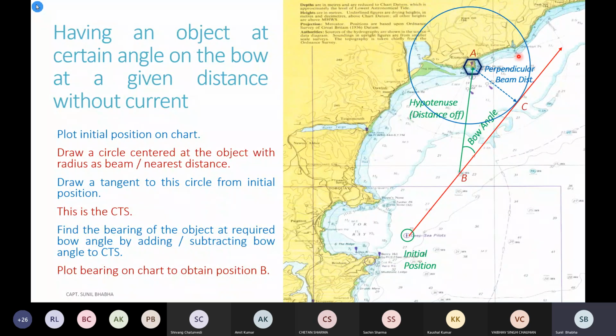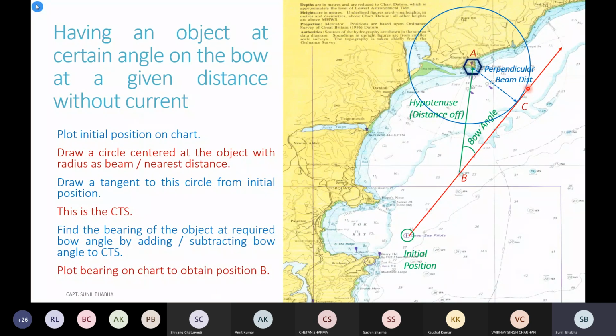So initially we had to calculate the beam distance or the nearest distance from the rough diagram. Once it is calculated, the plot can be made on the chart. And you can now appreciate that it is not possible to do the plotting straight away with the given information.